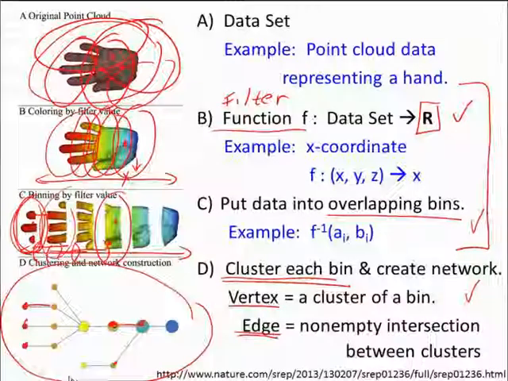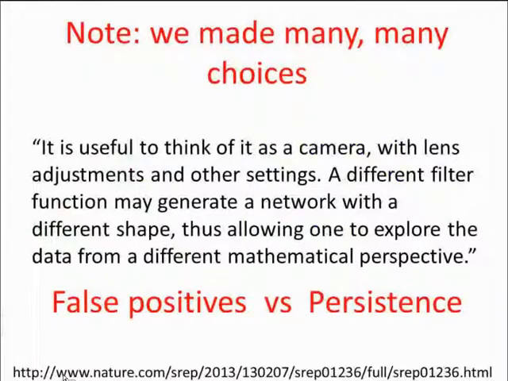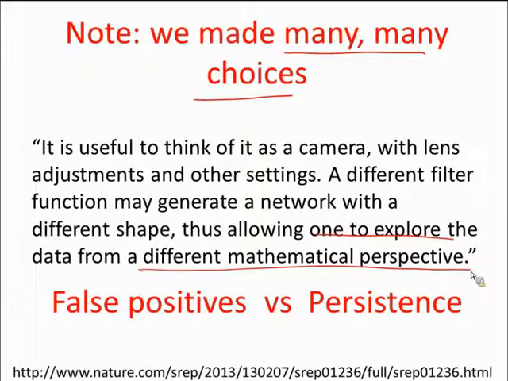So remember, we did, again, make many, many choices. So that does allow us to explore data from a variety of different mathematical perspectives, as well as a lot of different applications. So depending upon your application, if there's properties you want to focus on, you get to choose the properties, and you can see how the graph is affected by your different choices.